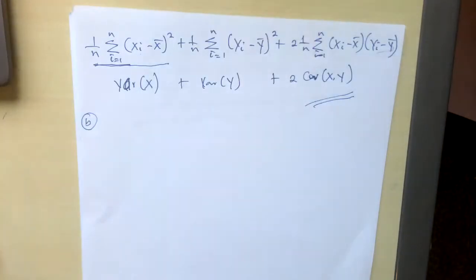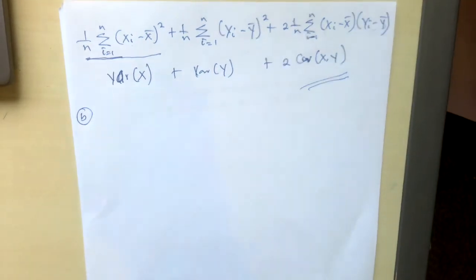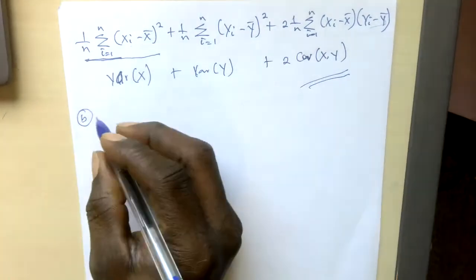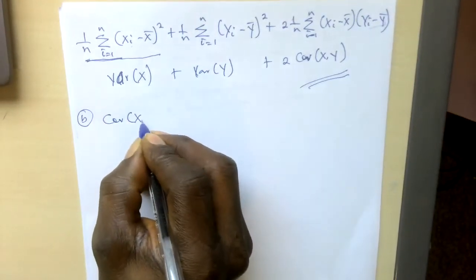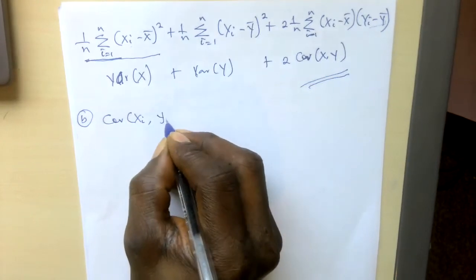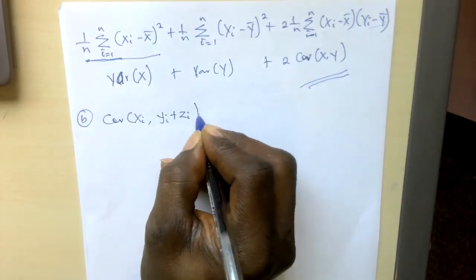That's the second one I have to prove. So here, the first thing to do is to expand. You have x, and yi plus zi, right?